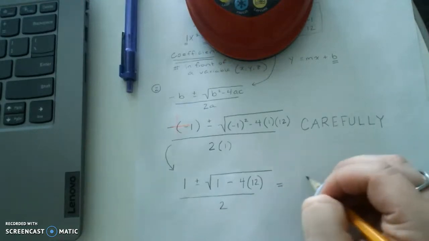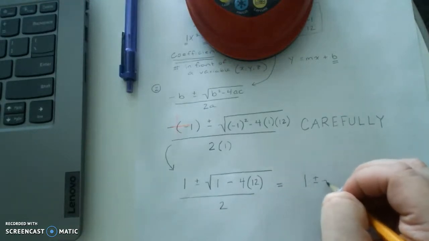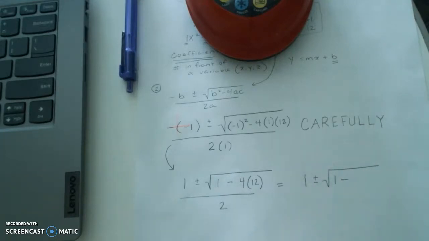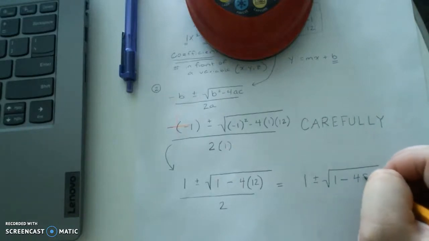All right. 1 plus or minus the square root of 1 minus 4 times 12. 4 times 12 is 48.